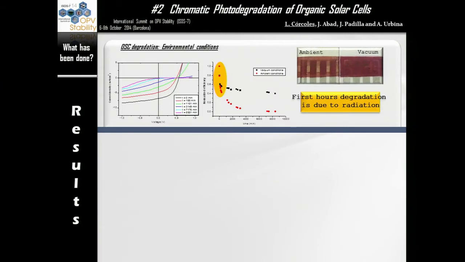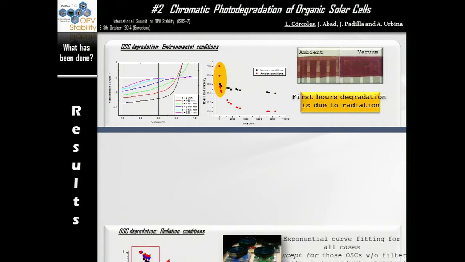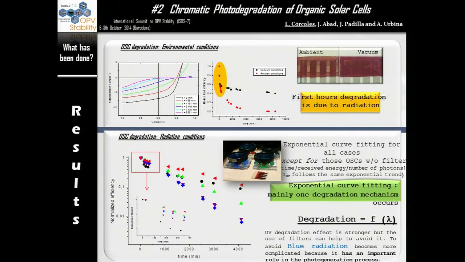Taking a look at the environmental conditions, we found that the degradation is due to radiation during the first hours. So you can see the IV curves and the S shape with time, and also the evolution of efficiency and short-circuit current over time.